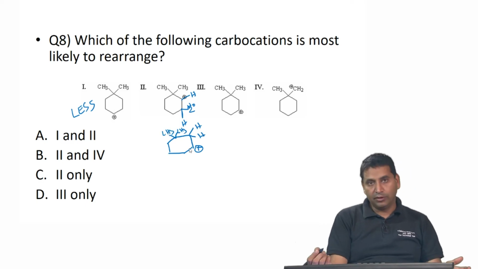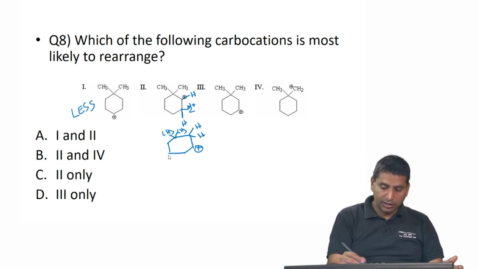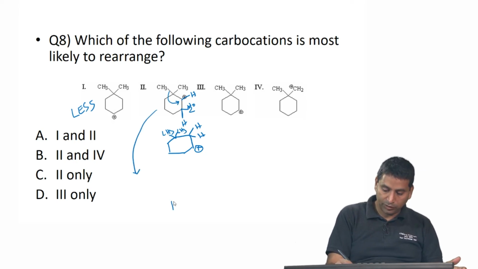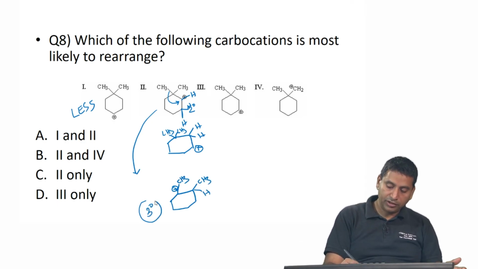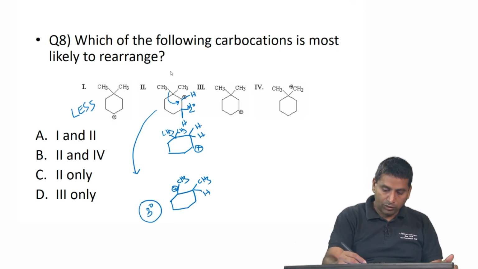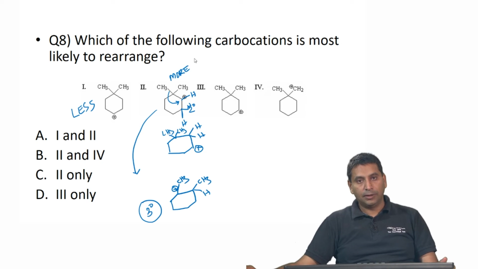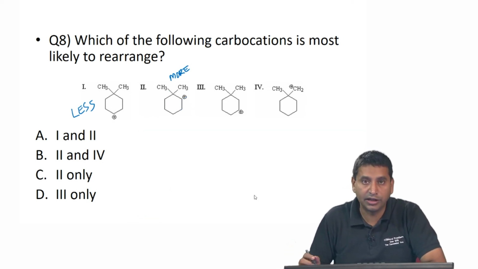Okay. However, this would be less likely, but if one of the methides migrate, then you are going to end up with a tertiary carbocation. So, therefore, I would argue that this is more likely to rearrange. Now, let us look at the third case.